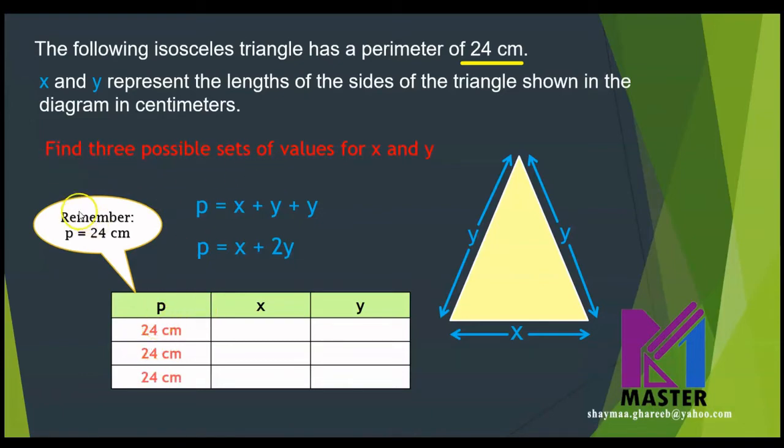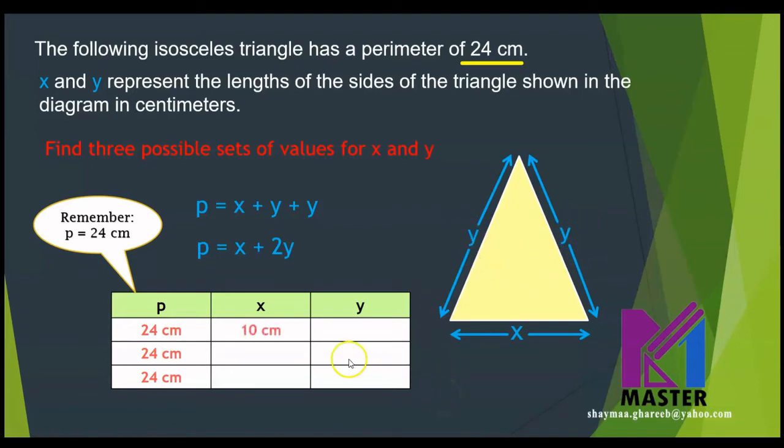So if the perimeter is 24 centimeters, it means I need to find 3 numbers. The total of them is 24. And 2 of these 3 numbers should be the same.